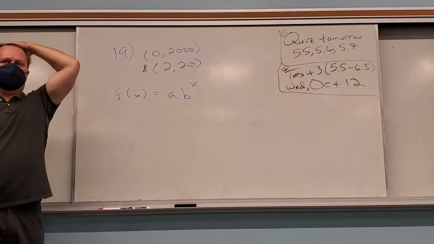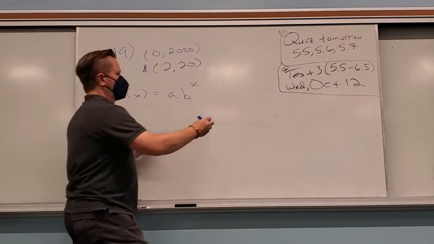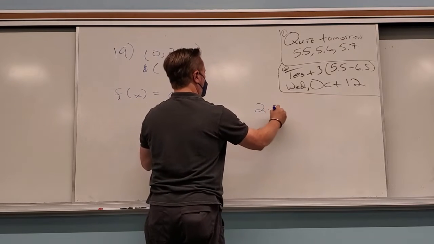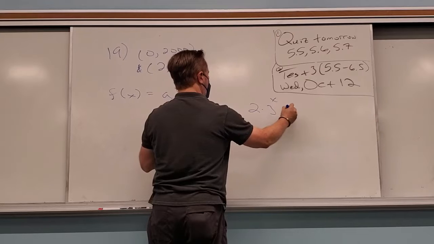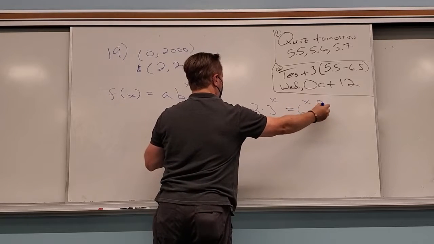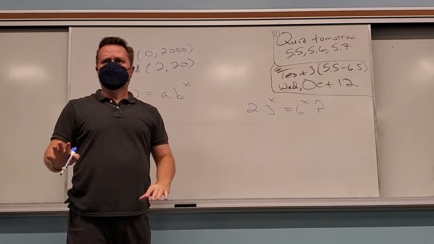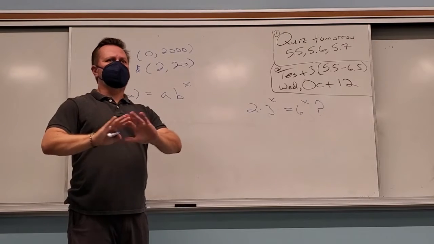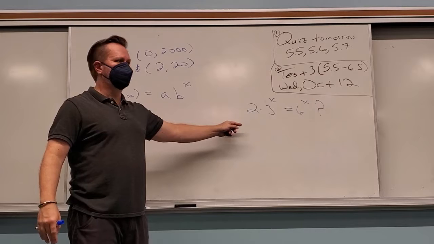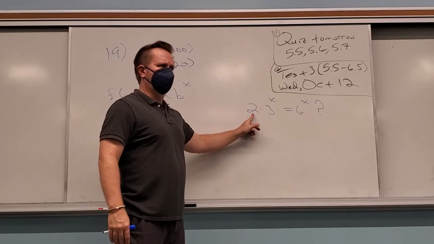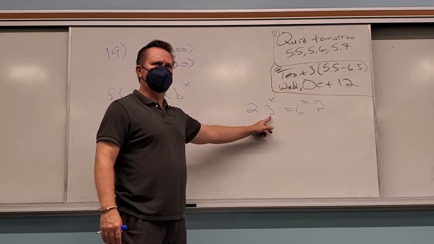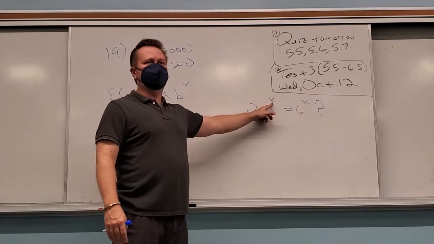And real quick, I think I said this before, but if I see 2 times 3 to the x, is that 6 to the x? Hell no. So obviously you're going to make a lot of mistakes if you think this is true. How many 2's are here? How many 3's are here? X of them.